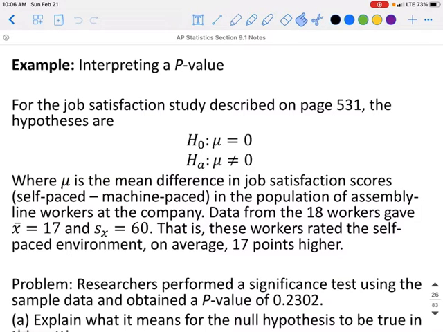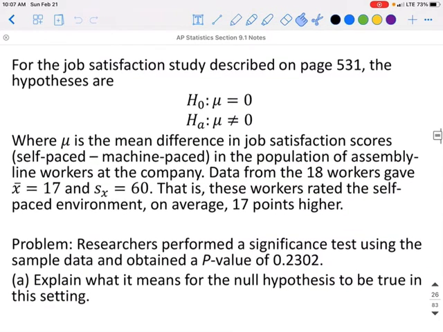Data from 18 workers gave us an x-bar value of 17 and a standard deviation of 60. That is, the workers rated the self-paced environment on average 17 points higher than the machine-paced environment.